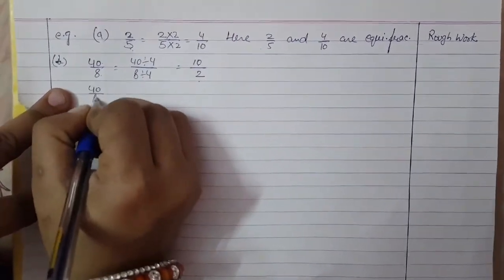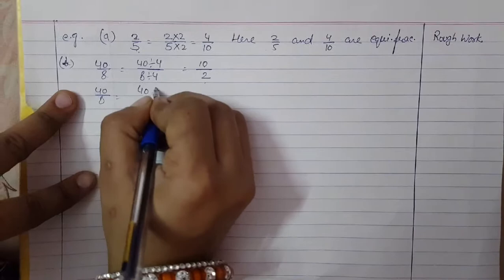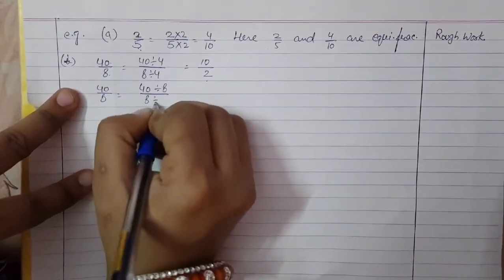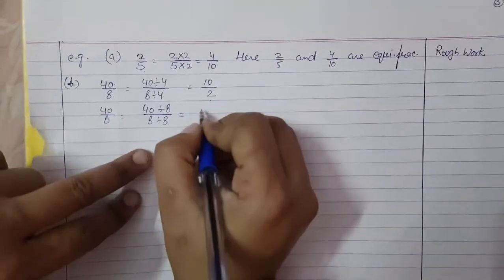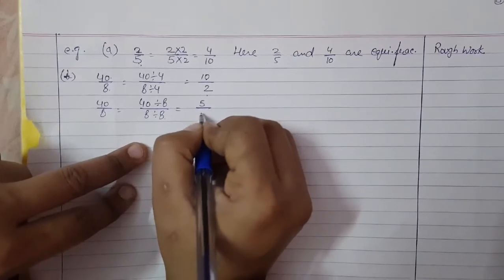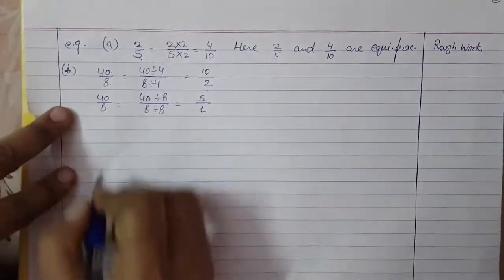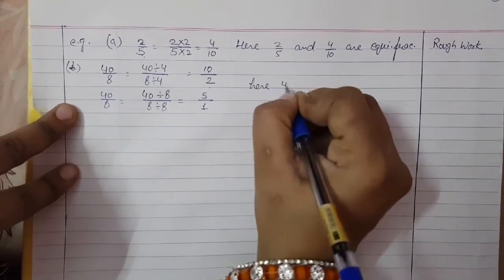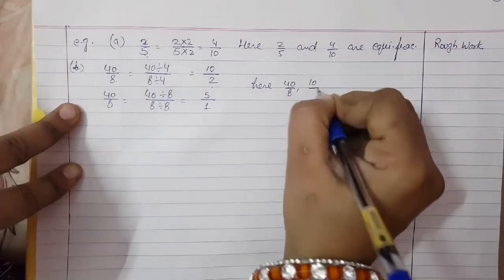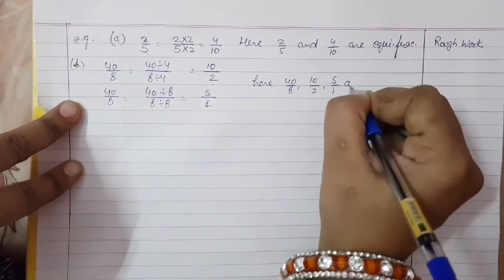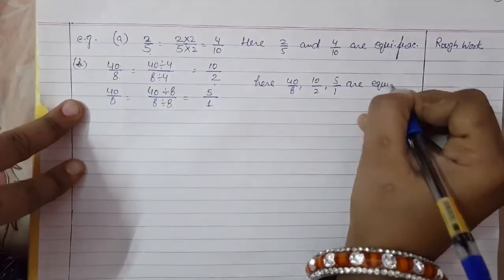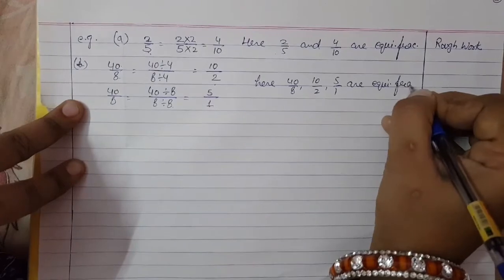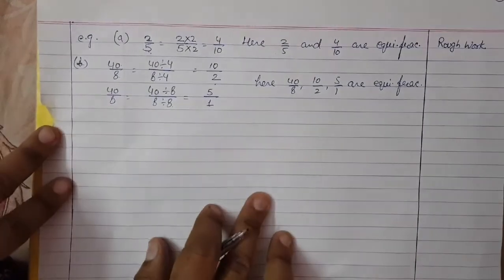Again, I am dividing both with 8. 8 5s are 40, 8 1s are 8. So 5 upon 1 and 40 upon 8 are also equivalent fractions. So here 40 upon 8, 10 upon 2, 5 upon 1 all are equivalent fractions of each other. So these are equivalent fractions.